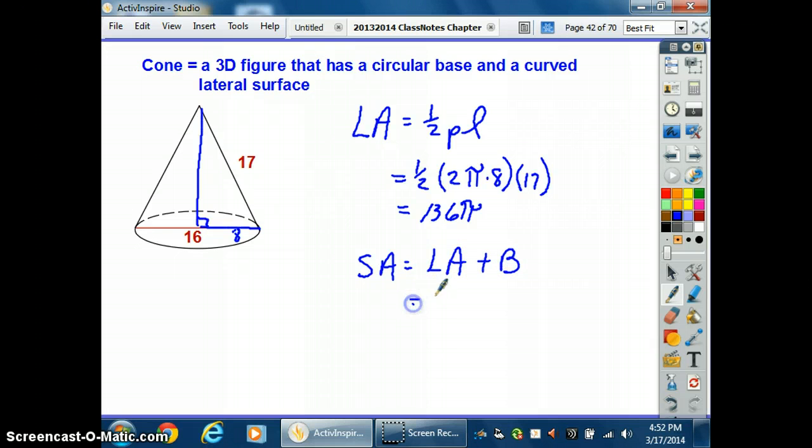Well, that would be 136 pi plus the circle, the area of the base is 64 pi. And if we add 136 and 64, we end up with 200 pi. I think that's it. Thank you.